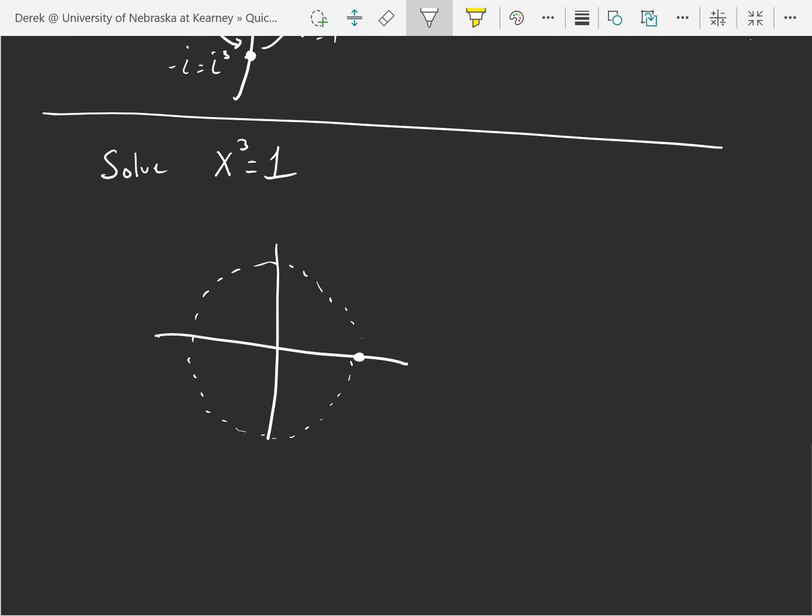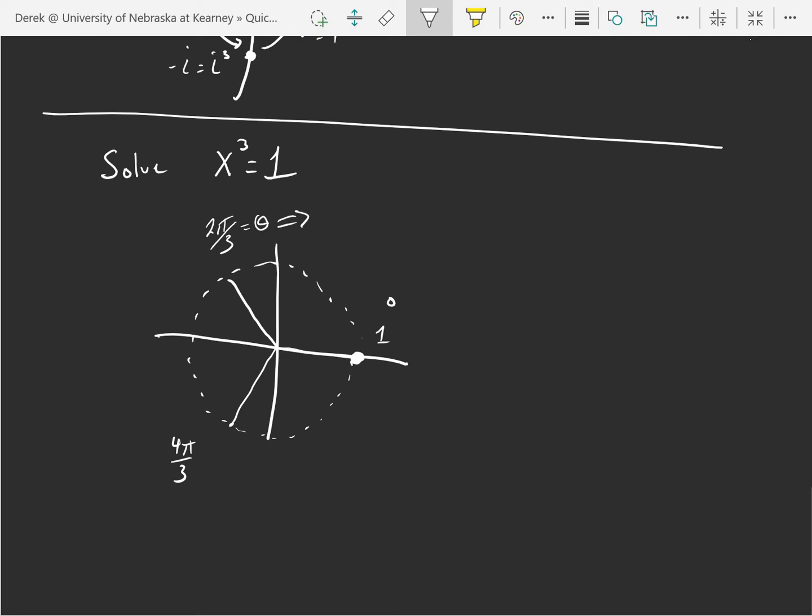If I rotate through an angle of 0 3 times, I've only gone through an angle of 0, so I stay at 1. If I rotate through an angle of 2 pi over 3, then I'll get to 4 pi over 3, and then 6 pi over 3, which is back to my 0 angle at the origin. And so my angles should be 0, 2 pi over 3, and 4 pi over 3.